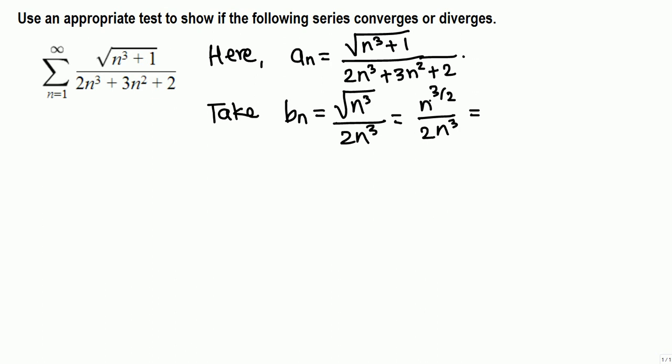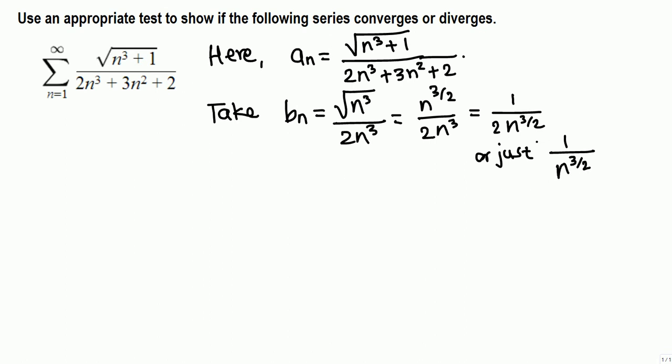Bringing this to the bottom, 3 minus 3 halves is 3 halves, so 1 over n raised to 3 halves times 2, or just without the constant 2, 1 over n raised to 3 halves.